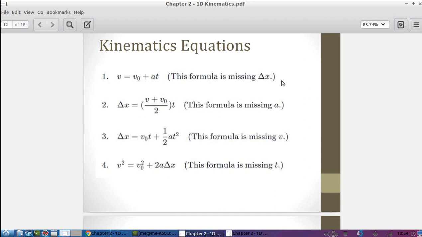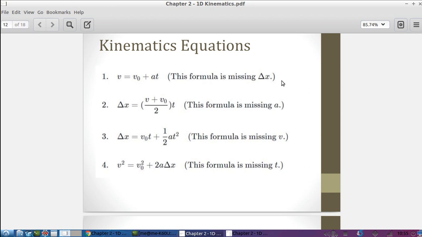All of these formulas depend upon certain variables that we have to know. We have to know a certain number of quantities in order to use the kinematics equations. A lot of problems are straightforward: here's a quantity you need to find, and here's everything else.